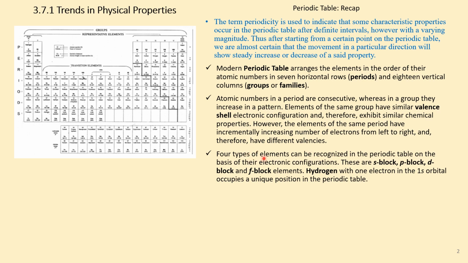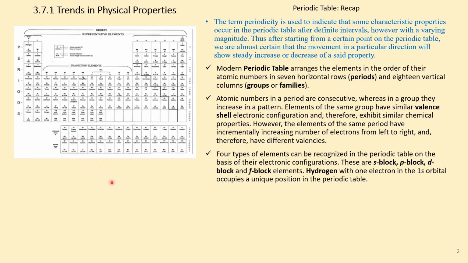Four types of elements can be recognized in a periodic table on the basis of their electronic configuration. These blocks are s block, p block, d block and f block.